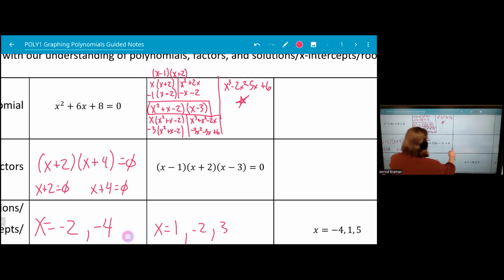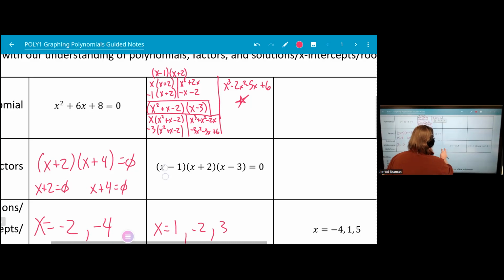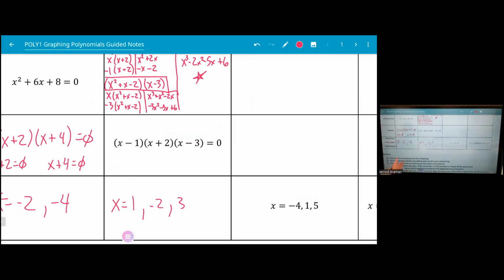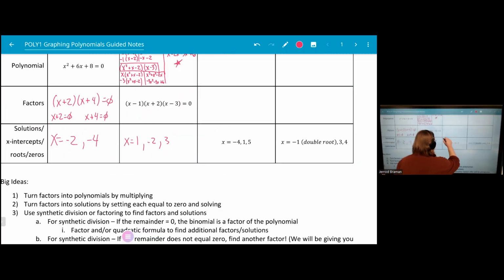In this case, let's look at this next column. I've given you the solutions. X equals -4, right? What we're trying to do again is make something that equals 0. In order to do that, I would have to add 4. If my solution was x equals -4, the factor for that would be x plus 4.